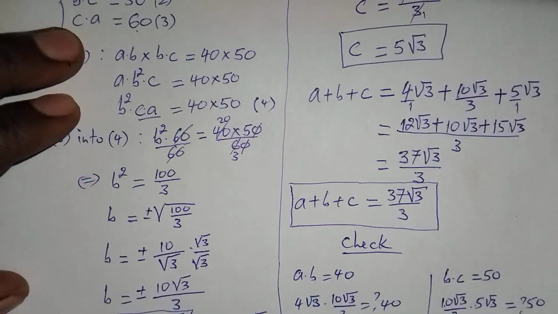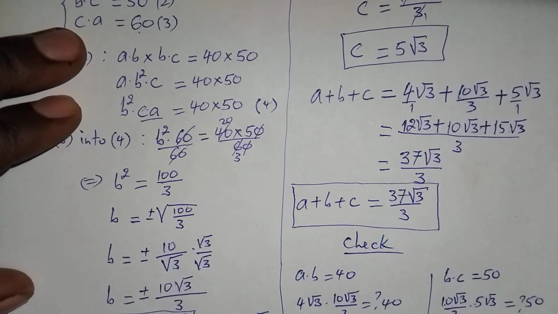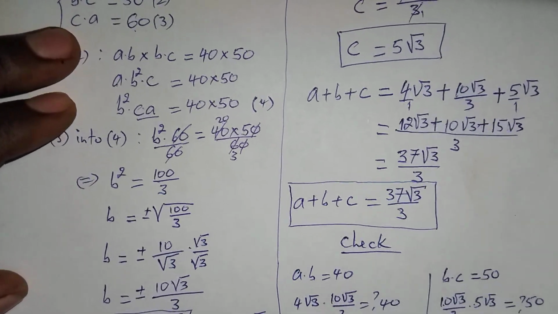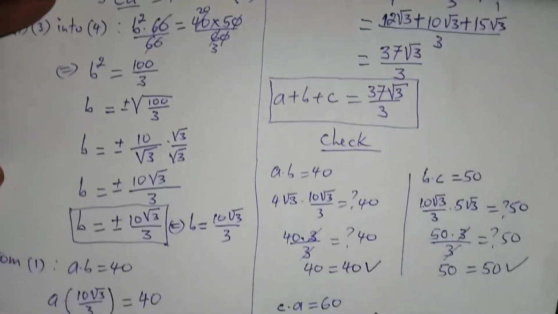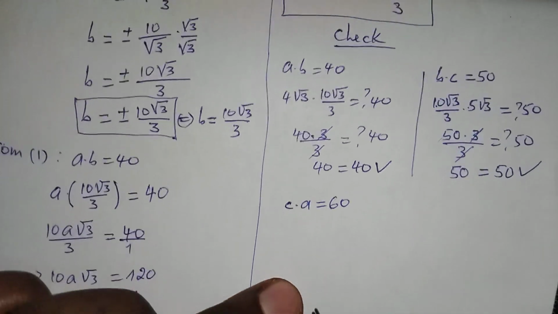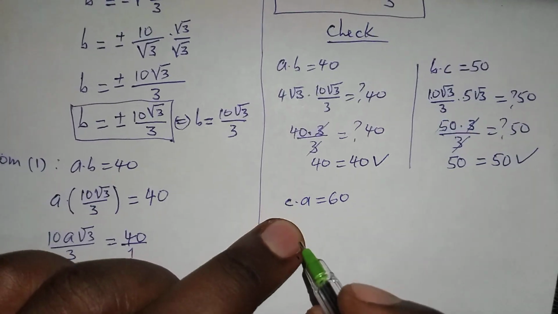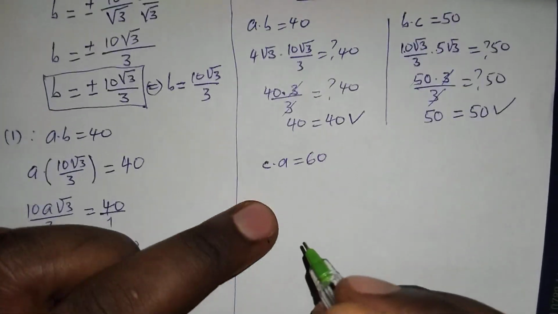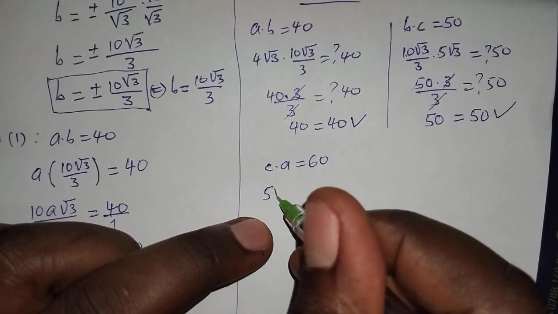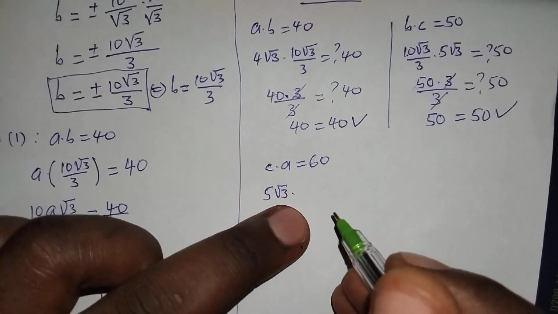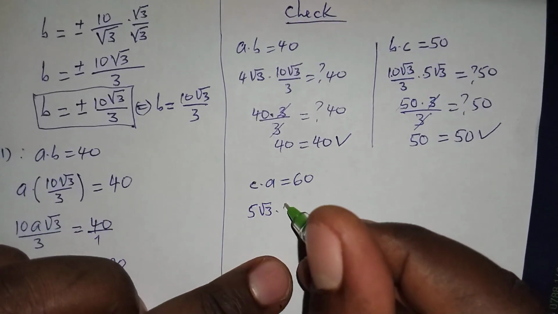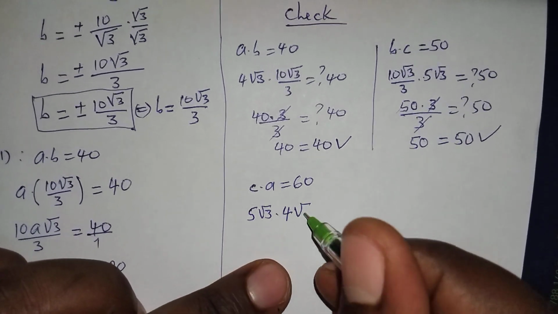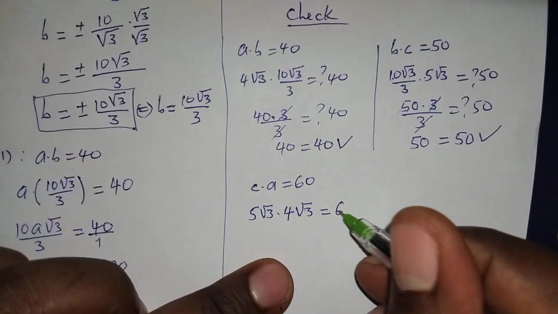Then equation 3 is C times A equal to 60. So C is equal to 5 square root of 3 times A, A is equal to 4 square root of 3. Is it equal to 60?